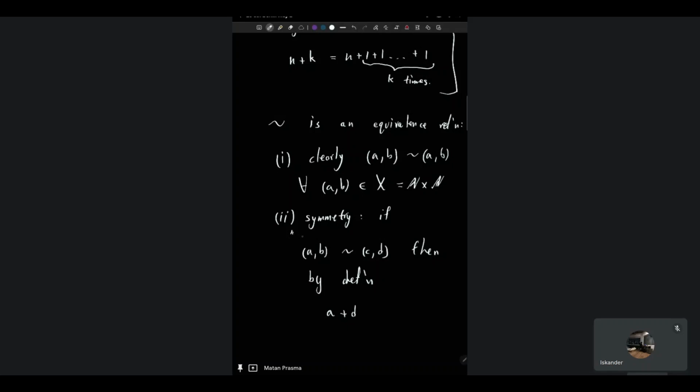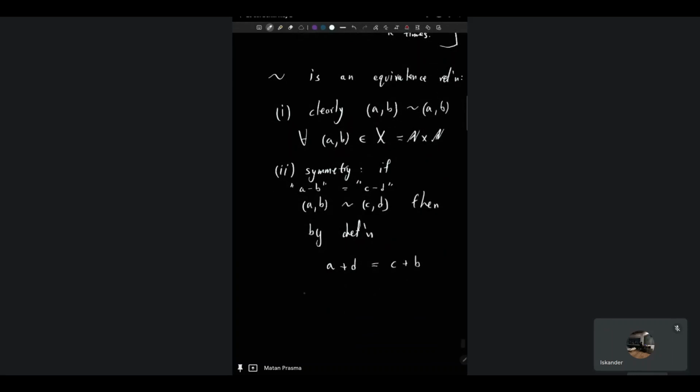A comma B represents A minus B, and C comma D represents C minus D. And we want to think of them as equal, if, when I don't have a subtraction of natural numbers as defined on the foundational level as sets, but I do have addition, so I can say that A minus B would be the same as C minus D if A plus D is equal to C plus B. And assuming that I have this relation, then obviously C comma D would be equivalent to A comma B, because I can simply reverse the equation.